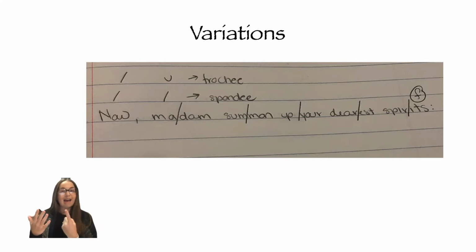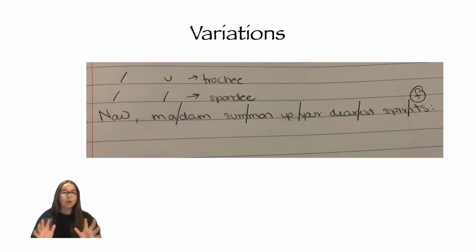Okay, so we have an extra syllable at the end of this line. No worries, that's called a feminine ending, and she is totally allowed to be there. So I like to mark them with a circled lowercase f. Like any other variation, a feminine ending is meant to catch the audience's attention and often signifies that the character is in some sort of heightened emotional state.